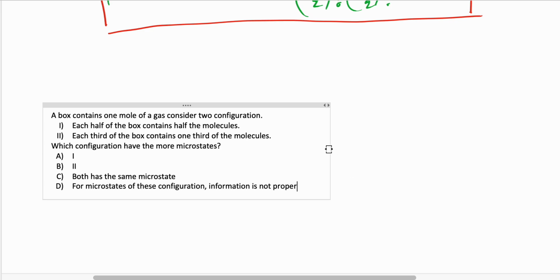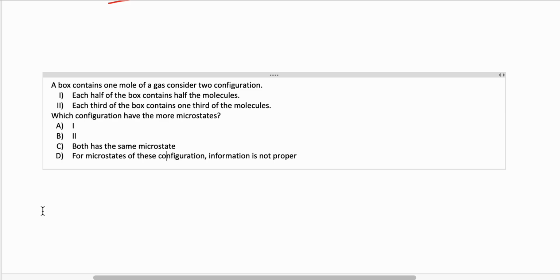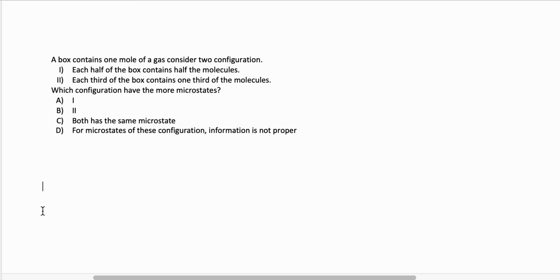That's the question. So let me remind you what the Gibbs paradox is.